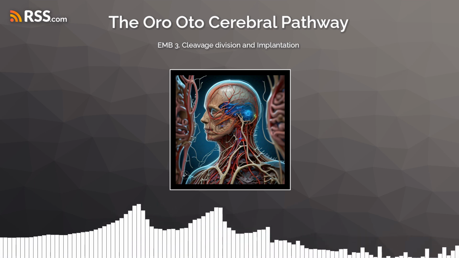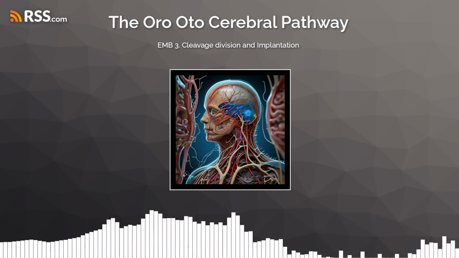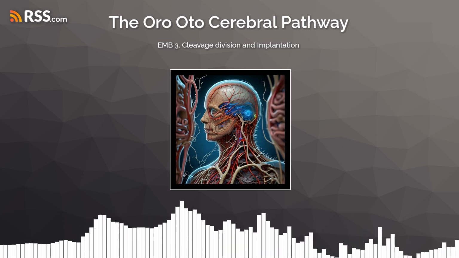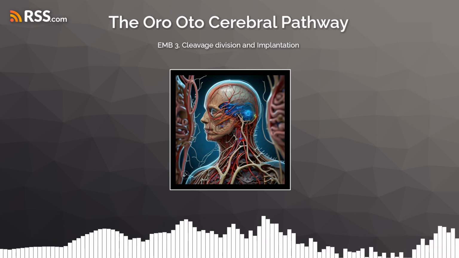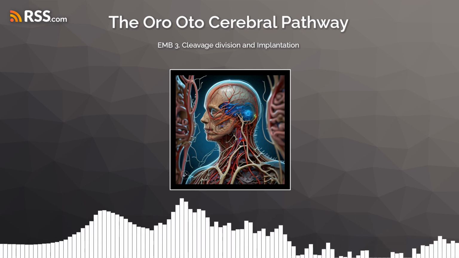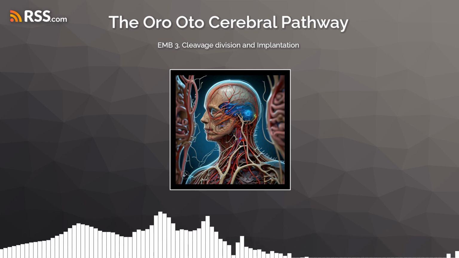In addition to being aggressive, the syncytial trophoblast also secretes a hormone, the human chorionic gonadotropin, also known as HCG. The HCG is responsible in maintaining the corpus luteum of pregnancy.